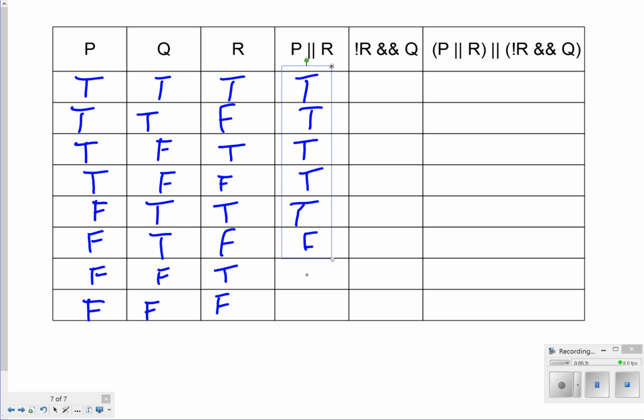P or R, so let's see: true, true, true, true, true, false, true, false. All right, not R and Q. Well, not R, I'm going to write that briefly.